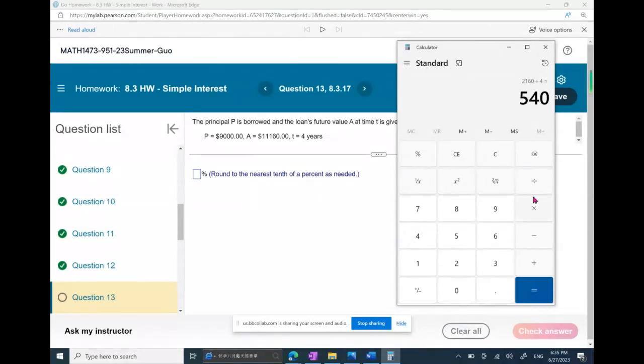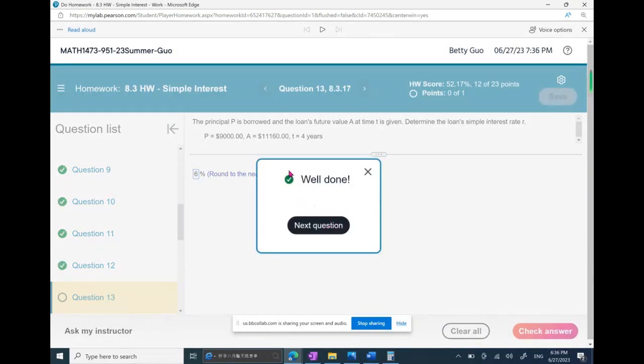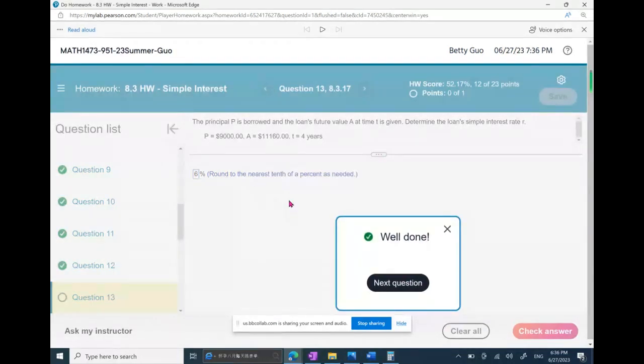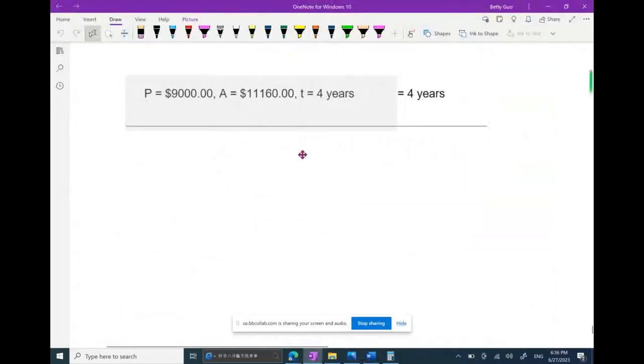And you divide that interest by the principal, 9,000. And you have the interest rate is 6%. You don't even have to solve the algebra. But I'm not sure you understand that. Let's do the algebra. Let's use the formula.